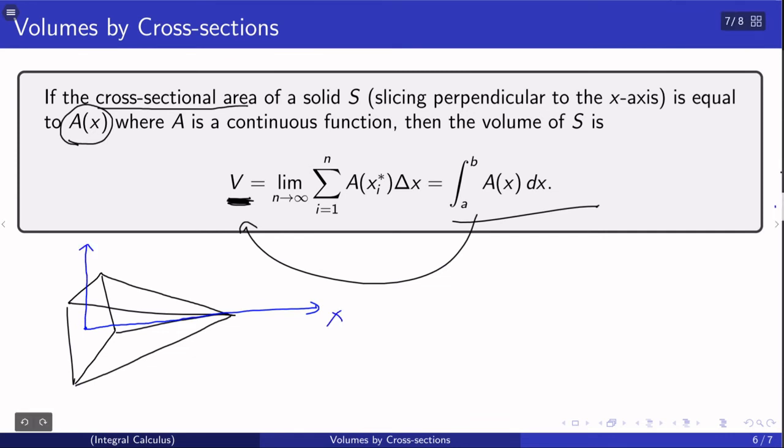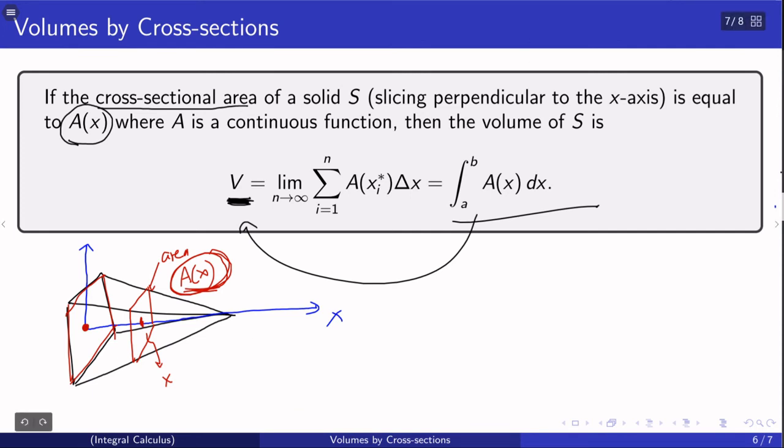Now when I slice the square pyramid at a specific x-coordinate, I'm going to get a square as the cross-section, and this will also give me a formula A(x) for any given x. So if I pick x to be at 0, for instance, I'm going to get a larger square. As long as I know this A(x) function, what the cross-section is in general, then I know the volume. I can just take the integral of that area function.